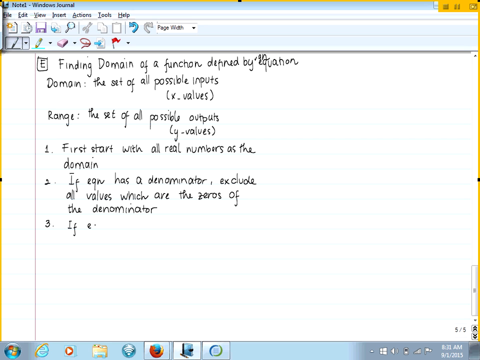If the equation has a radical with even index, so odd doesn't matter, but even index, meaning square root or 4th root or 6th root, then the radicand must be greater than or equal to 0, because otherwise it's undefined, right?